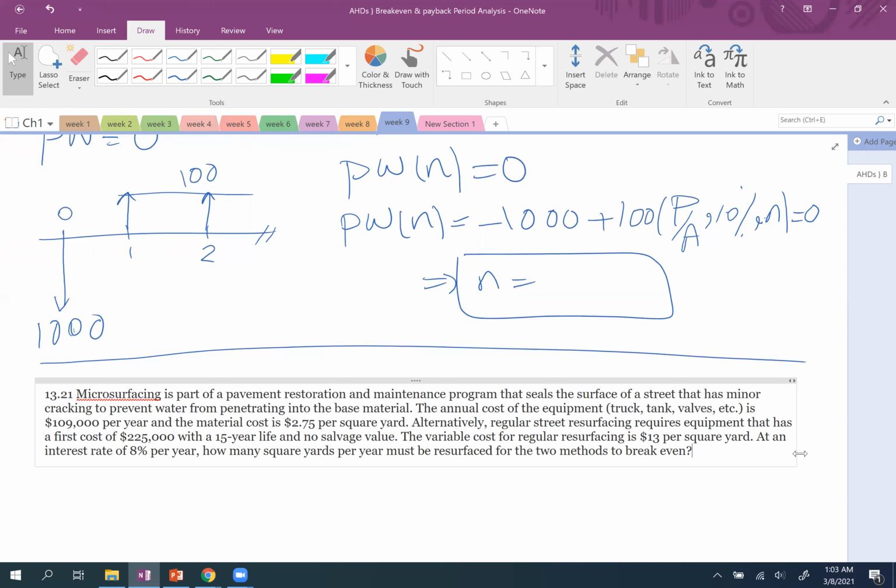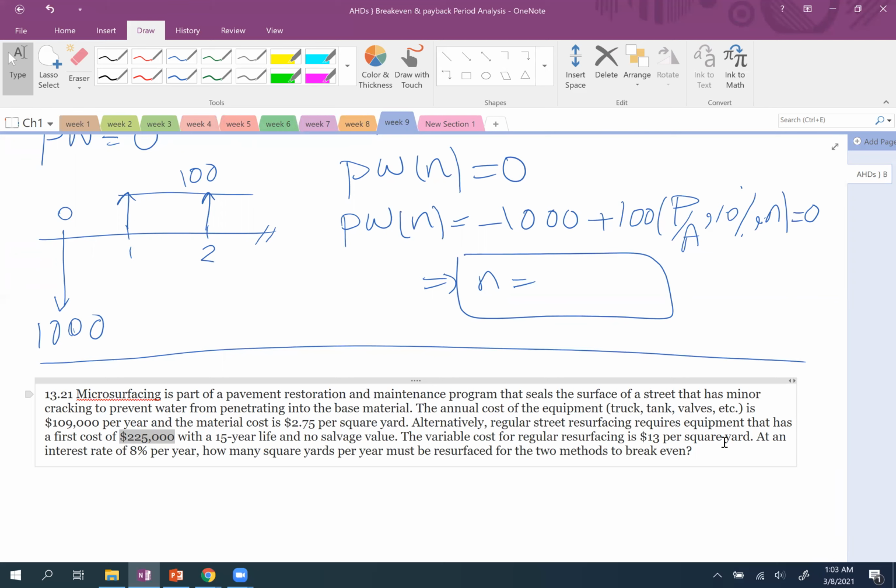And you have another option that's regular street resurfacing requires equipment that has this first cost of this much with a 15-year life, no salvage value. Variable cost for regular resurfacing is $13 per square yard. You have to be careful about the units. It's one of the key things that you need to consider.